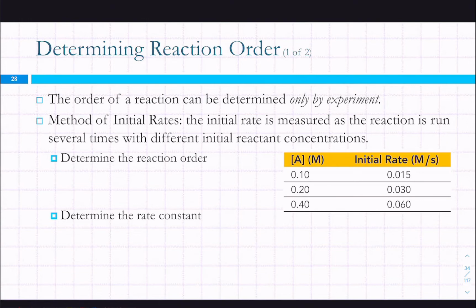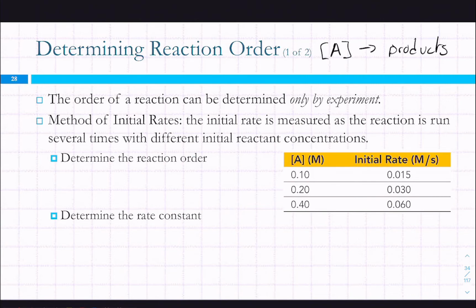But the way that you do this is the method of initial rates. So you set up a reaction with some concentration. If we've got our unimolecular reaction of A being converted into products, we set up a reaction, we put 0.1 molar in our flask, and that reaction starts.